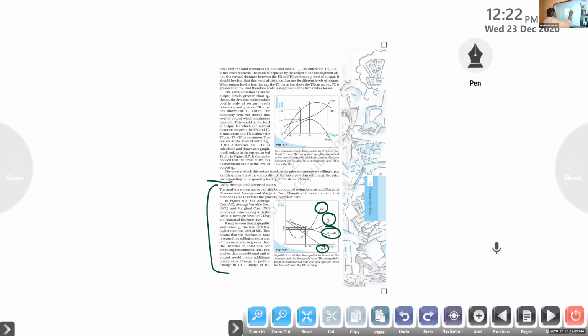We studied how firms are always trying to maximize profit. In this graph we studied that the firm will produce the quantity where the difference between the TC and TR is highest or maximum. The monopolistic firm will prefer that quantity to produce in the market.